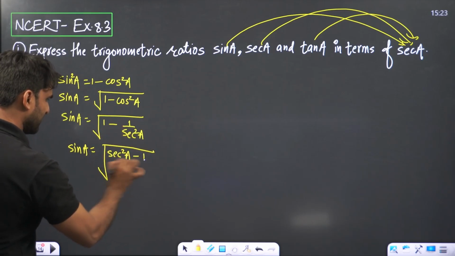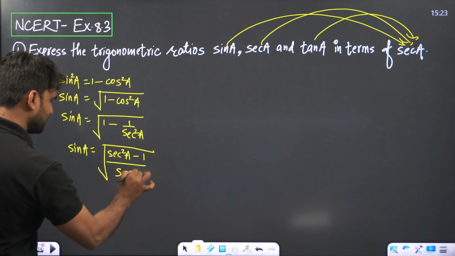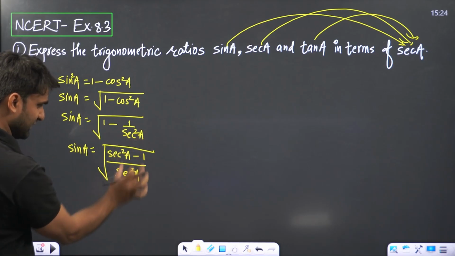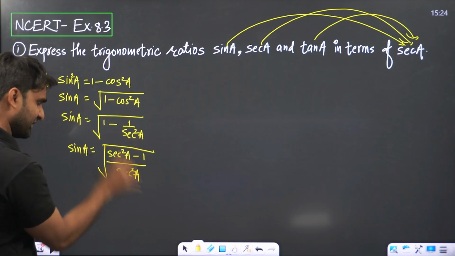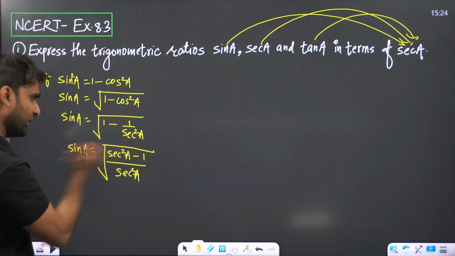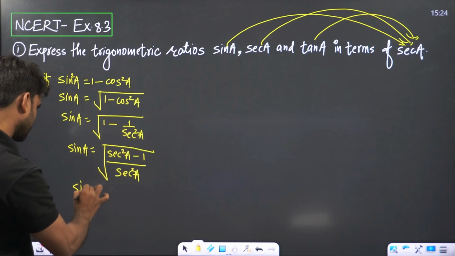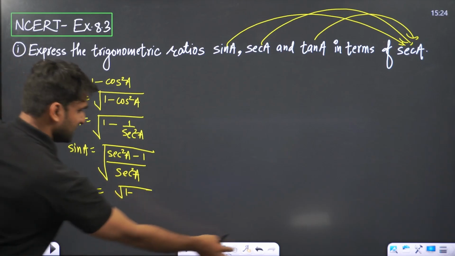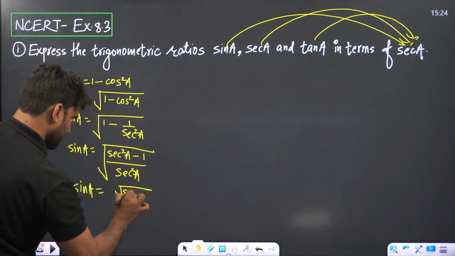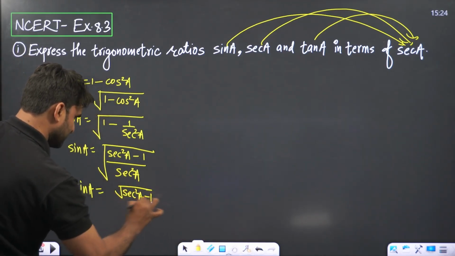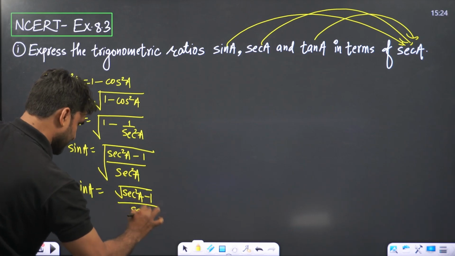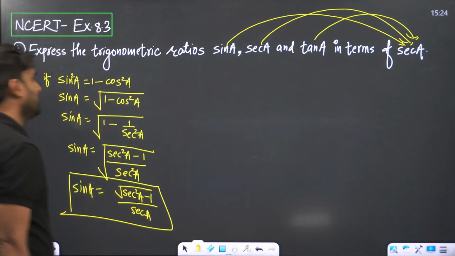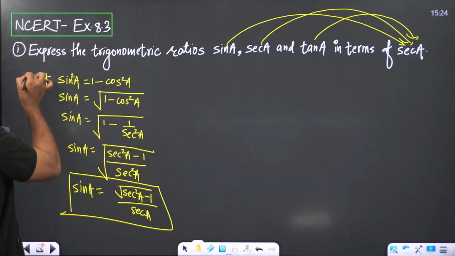Sec square A minus 1 divided by sec square A, and this is under root and in square form, so 1 sec will come out. So sin A can be written as under root sec square A minus 1 divided by sec A. So we have converted sin A in the form of sec A. Clear everyone? This was the first.